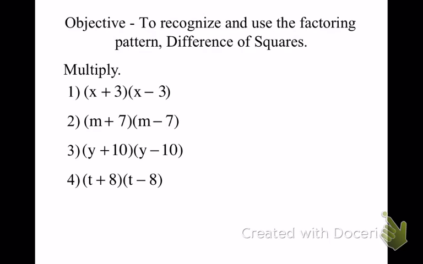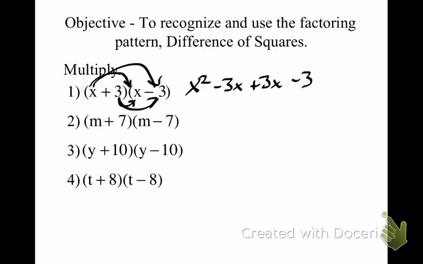All right, so last week we were given a binomial by binomial and we multiplied it out, something that looks like this. They look exactly the same except they have opposite signs, and we found that when we do this, we get x squared minus 3x plus 3x and minus 3.